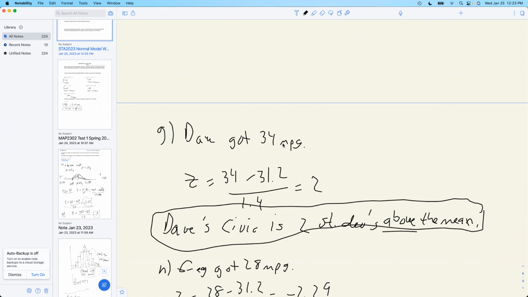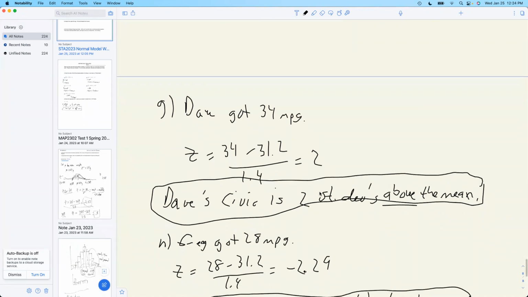That's above average. Remember, the average was 31. How far above average? Well, his z-score is 2. The one we're interested in minus the mean over the standard deviation. 2. 2 what? 2 standard deviations above the mean. That's the interpretation of a z-score: how many standard deviations you are either above if it's positive or below if it's negative.